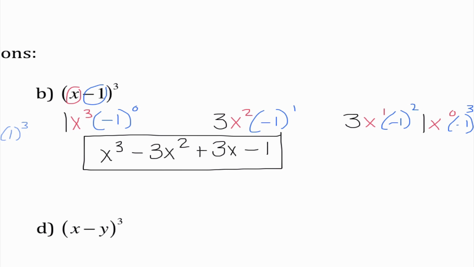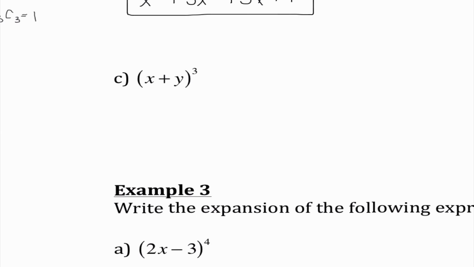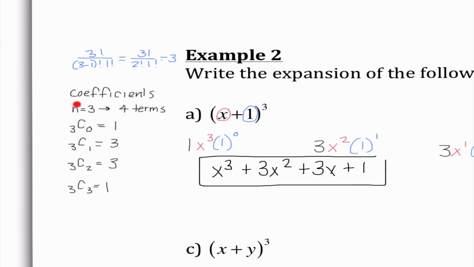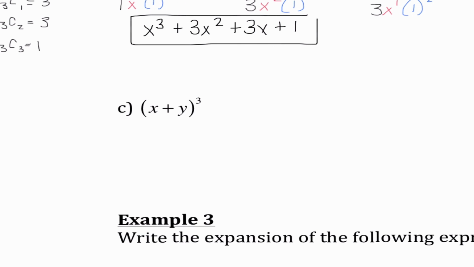Okay, so even though every single one is going to be slightly different, we are following the same exact steps every single time. Okay, so if we look at C, once again we notice we have an n value of 3, which means that this information still applies. Okay, so we're going to have 4 terms again, and we know our coefficients are going to be 1, 3, 3, and 1.